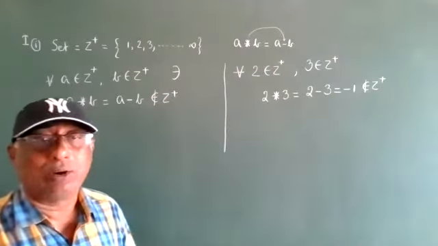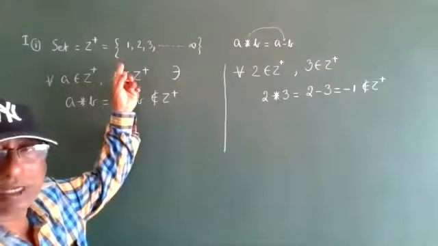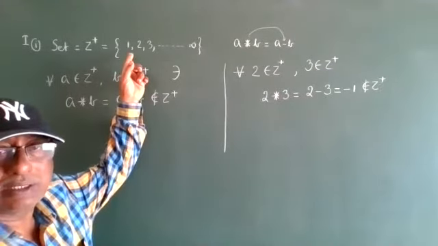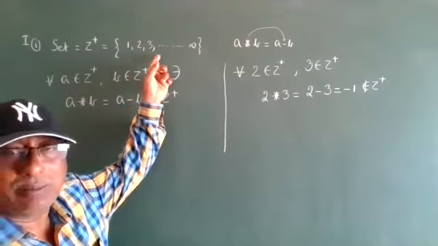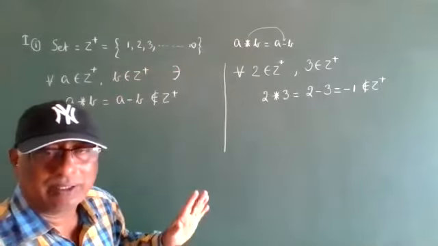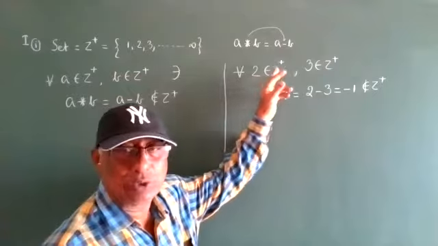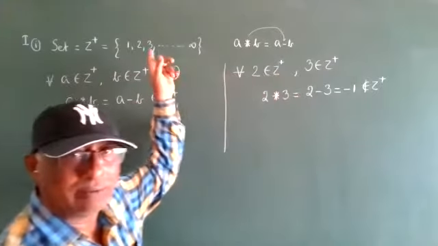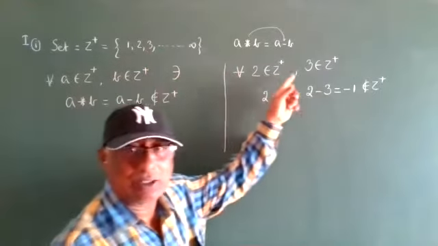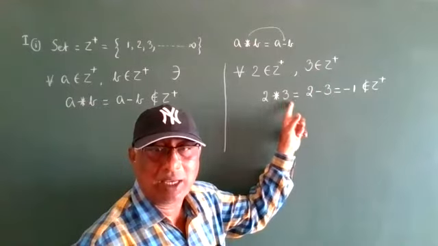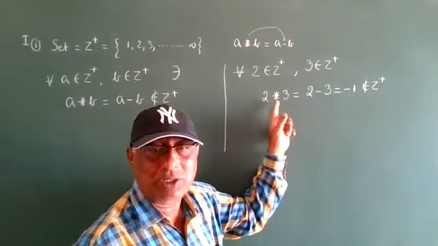Now the set is given by Z plus. What is Z plus? It is the elements 1, 2, 3 up to infinity. Take any two elements. I will take 2, which belongs to Z plus, and 3, which also belongs to Z plus. 2 star 3: what is the star operation?